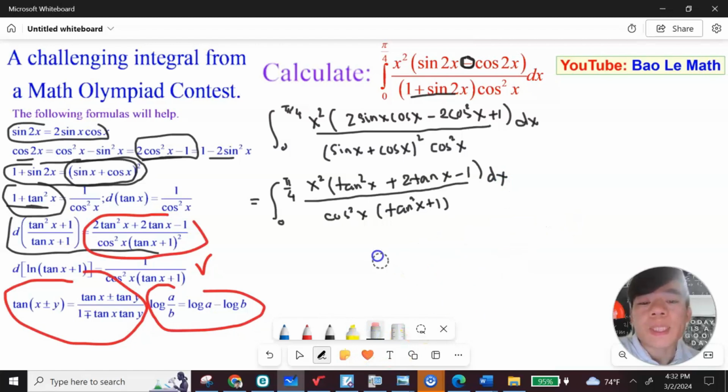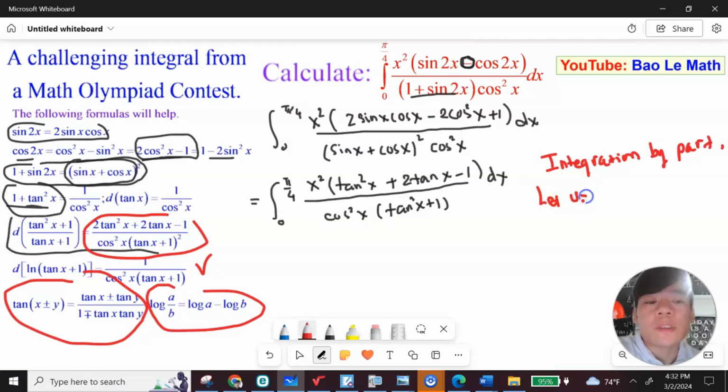Now I need to do the integration by parts. So I let u equal s squared, and then du equals 2s ds.